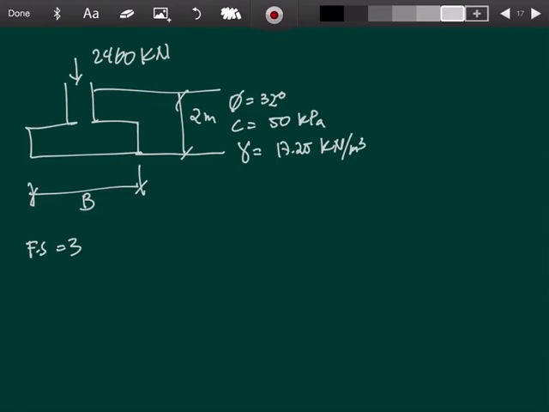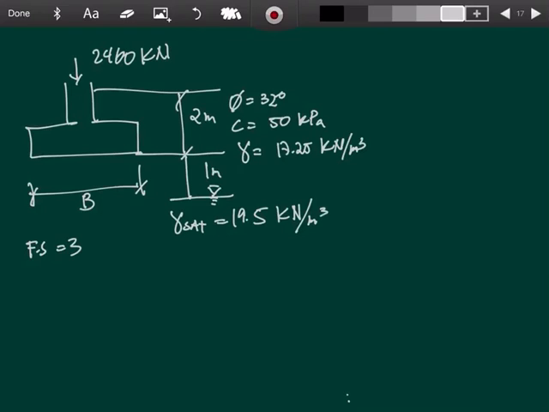At ang water table natin ay 1 meter below the bottom of the footing. So we have here 1 meter, and dito ang ating groundwater table. And ang gamma sat dito is 19.5 kilonewton per meter cube.